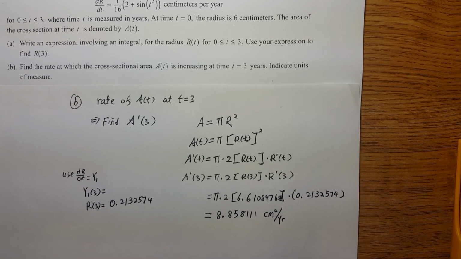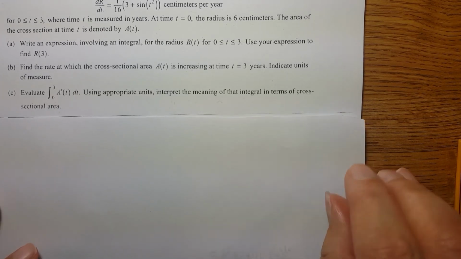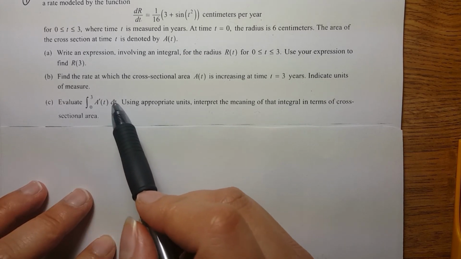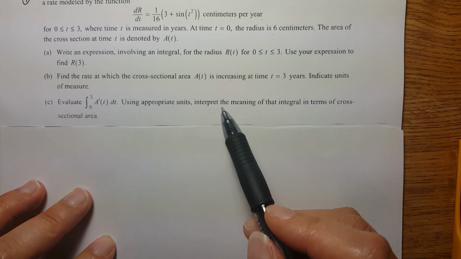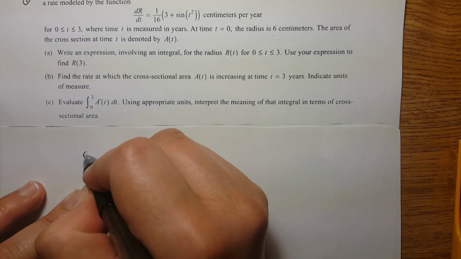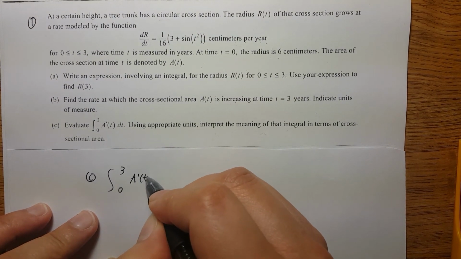Now let's take a look at 1C. The question asks you to evaluate this integral and, using appropriate units, interpret the meaning of the integral in terms of the cross-sectional area. So we have the integral from 0 to 3 of A prime of t dt.